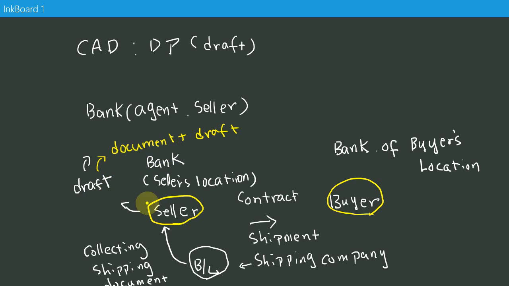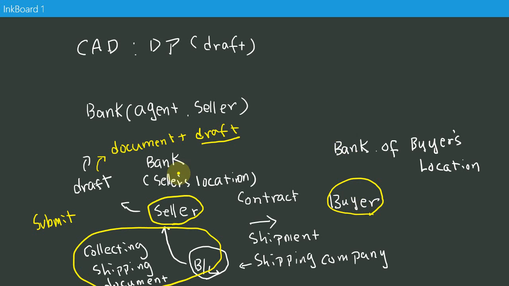Okay, the seller conveys the shipping document, this document, the BL, like this one, and the urging document, the draft, together. He submits them to the bank of the seller's location, then asks this bank to send them to the buyer's bank, urging payment.